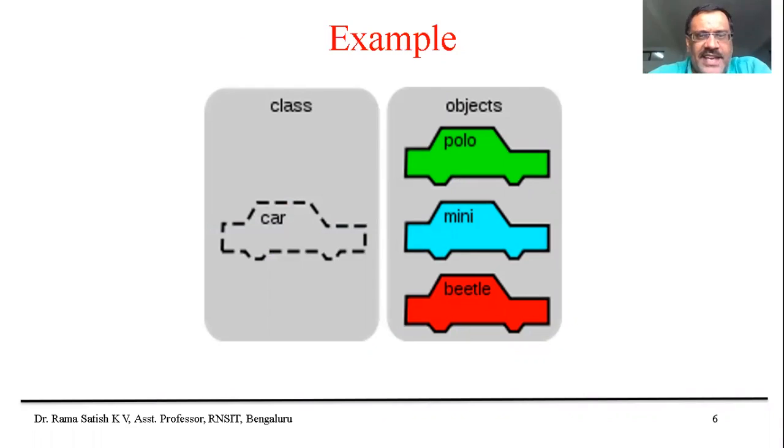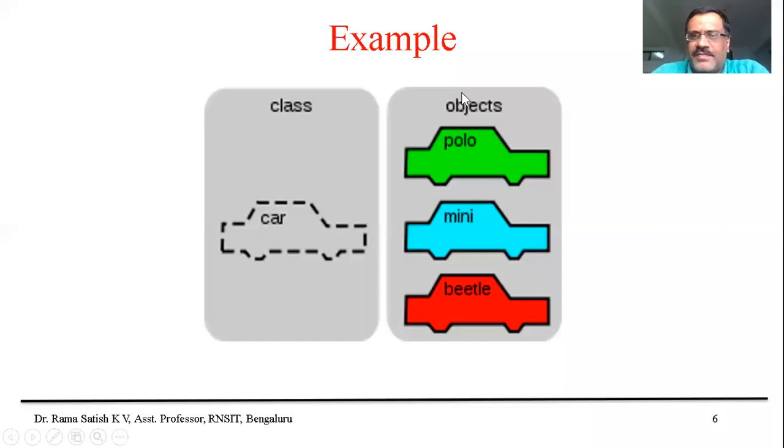For example, you can see here, you have a car class, and the instances of the car are Polo, Maruti, Mini, and Beetle. These are all different cars, but they are objects of the same class, that is car.